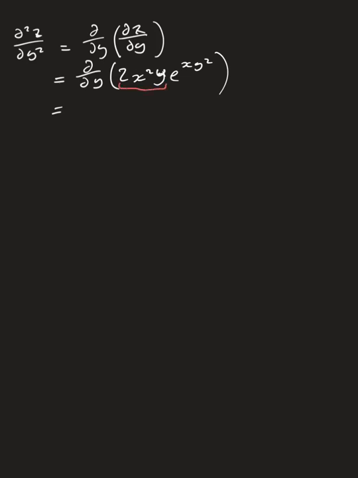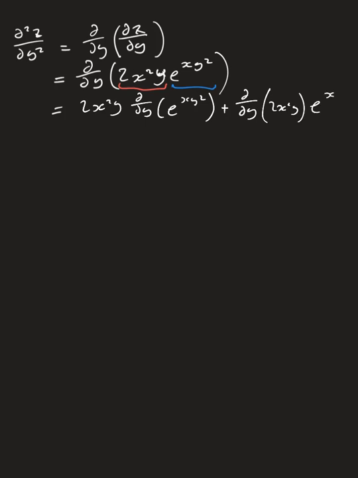So u will be 2x squared y and v will be e to the power of xy squared. So I'll have 2x squared y times the derivative with respect to y of e to the power of xy squared, plus the partial derivative with respect to y of 2x squared y times e to the power of xy squared.